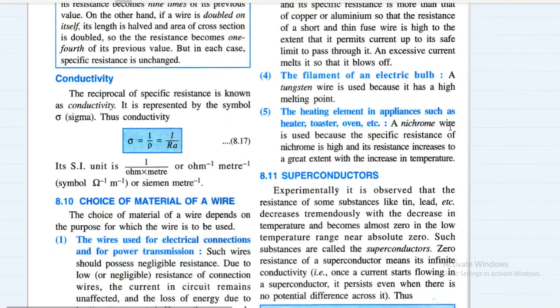Yes, conductivity. So conductivity is the reciprocal of specific resistance.